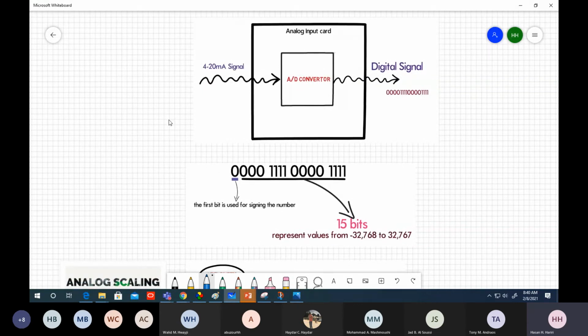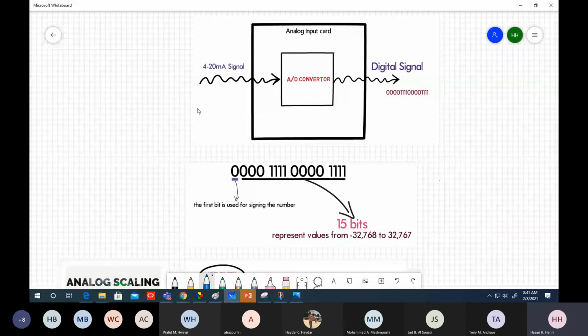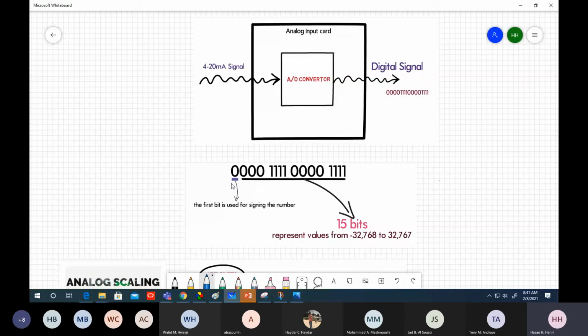Usually, if it is a 16-bit resolution converter, which is the most often used, they save 1 bit for signing the number. Like if your signal is positive and negative, so they save 1 bit for the sign, assuming your signal is not 4 to 20 milliampere, but minus 5 to 5 volt, or minus 10 milliampere to 10 milliampere. Then you need to save some bit to indicate that it's a negative value.